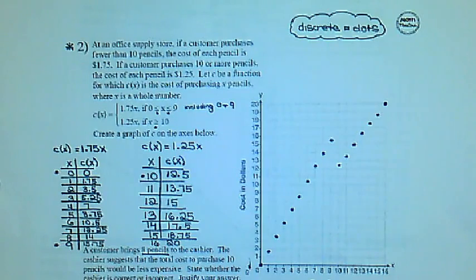Okay, so a big thing about this, a lot of what it says in here is really just confusing. Okay, they give this to you. So read what the question is asking, but they gave you all of the information right here.